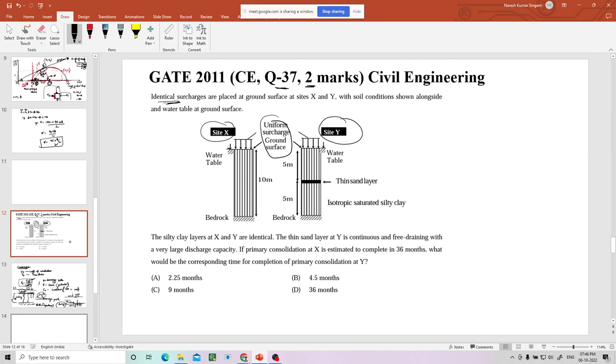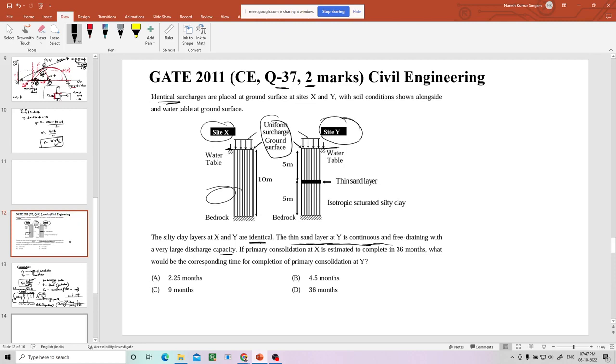See, the water table is at the ground surface. Now the silty clay layers, this one is a silty clay layer, this is also a silty clay layer at X, and they are also identical. The thin sand layer at Y is continuous and free draining with very large discharge capacity.